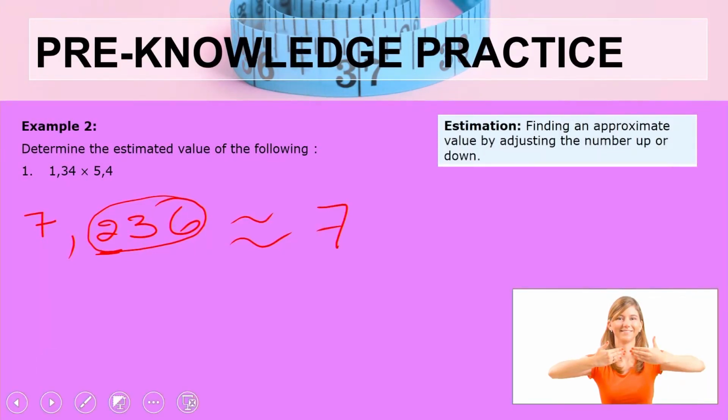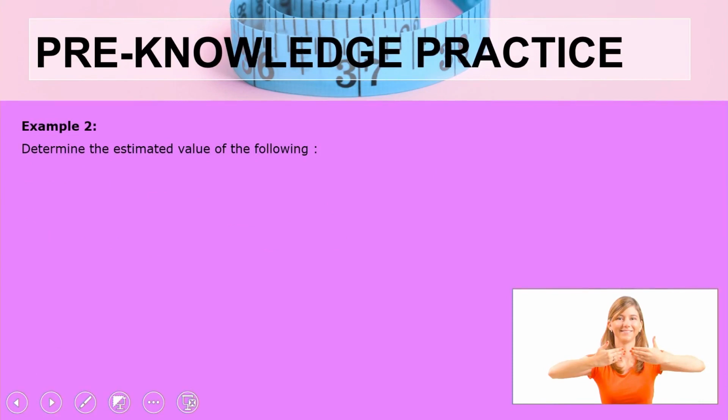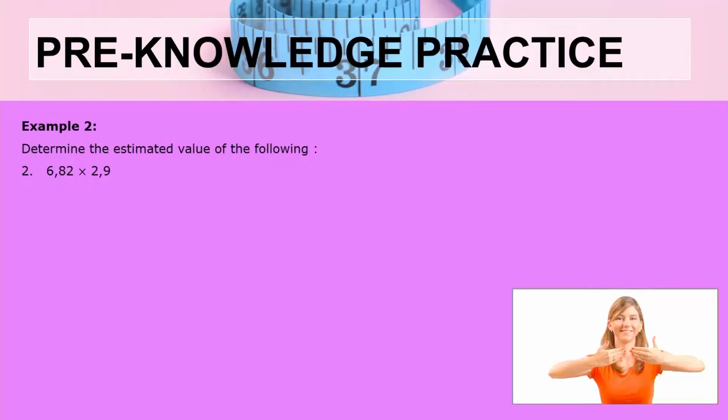Let us have a look at the second example, which is the last example. Of course, we are having 6,82 by 2,9. Let us get the answer together. Press your calculators as well. I'm having 6,82 multiplied by 2,9. The answer that I'm getting, therefore, is 19,778.